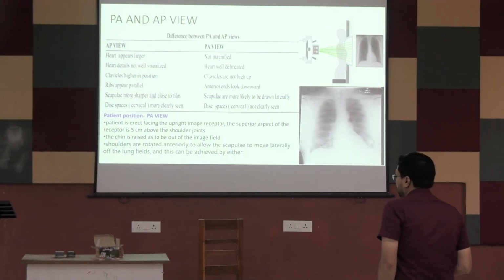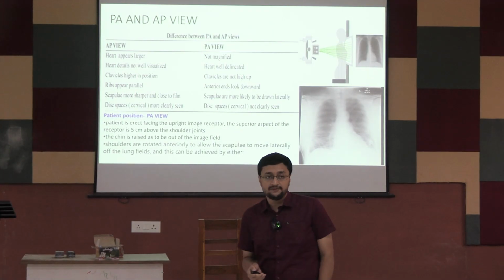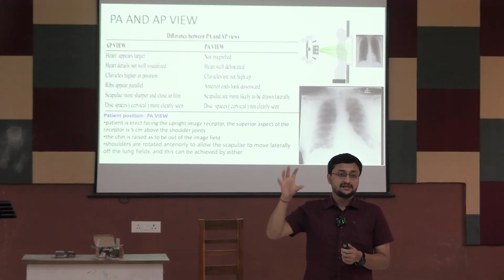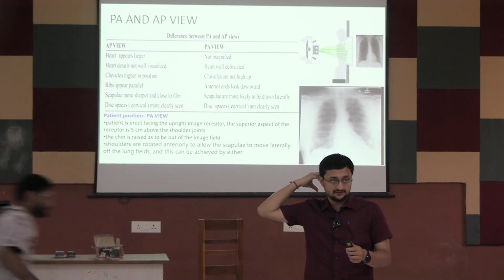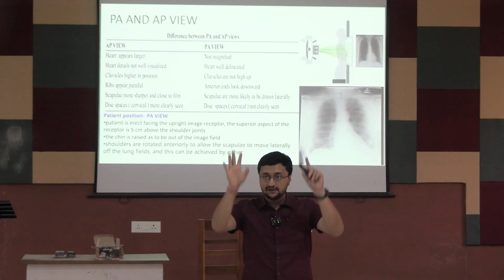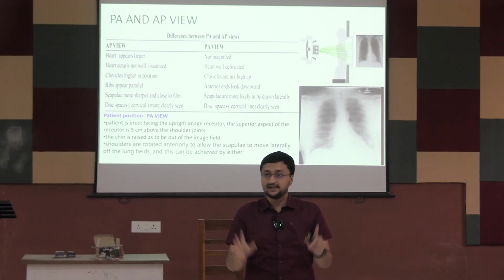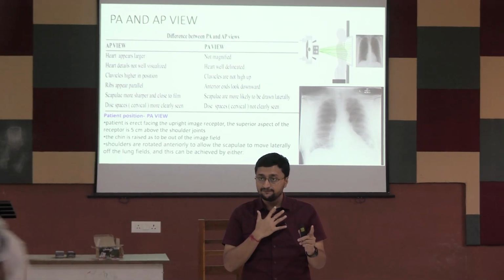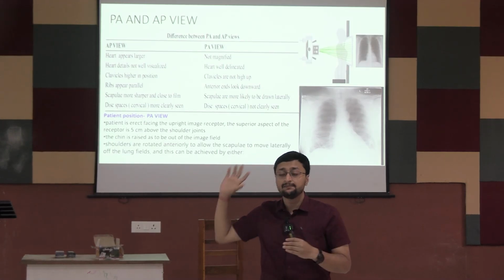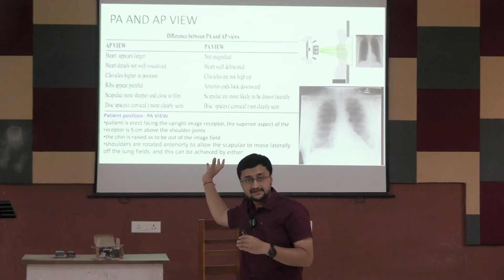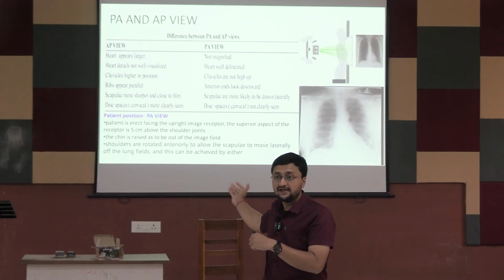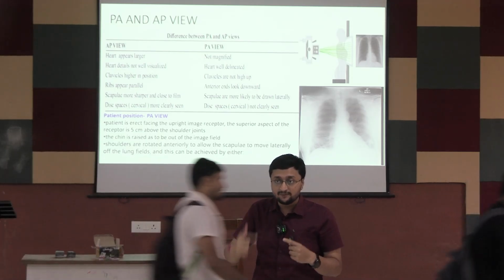So next one is to differentiate between PA view and AP view. So PA, that means posterior anterior. So the X-ray beam is coming from the posterior part, right? In case of PA view, the patient is standing, in erect posture, and the X-ray film is adhered to his chest, and the machine from where the X-ray beam is coming is placed at least 6 feet from the patient.